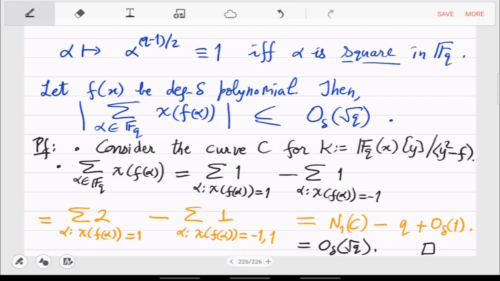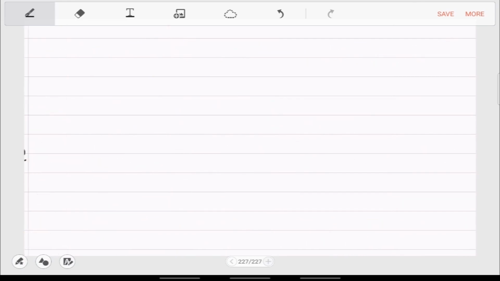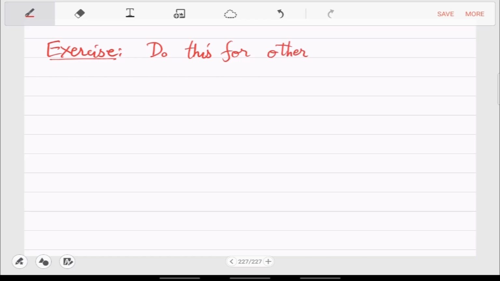That no matter what polynomial you take, as long as it is not of a very big degree, the residuosity is equidistributed all over the field. So you can do this for other exponential sums.